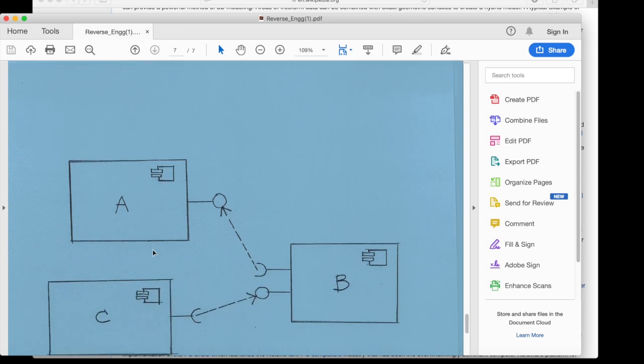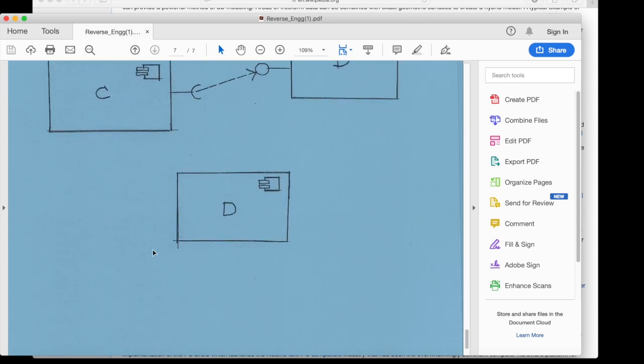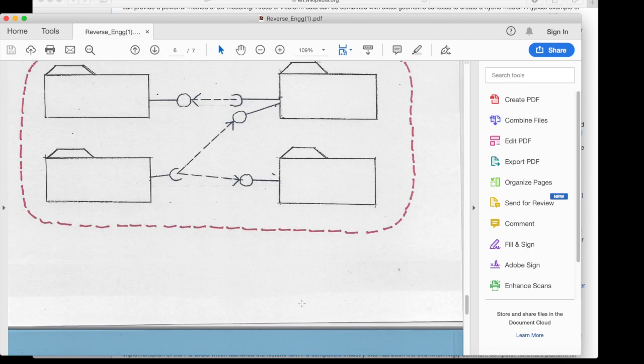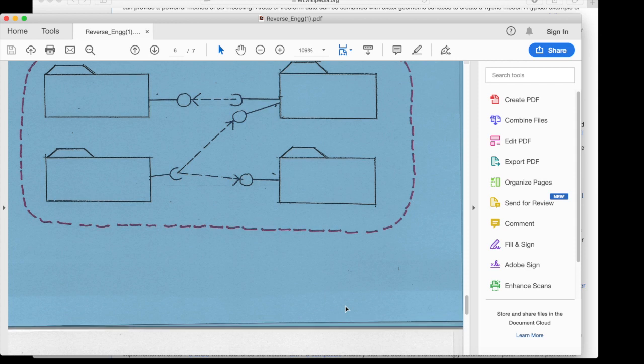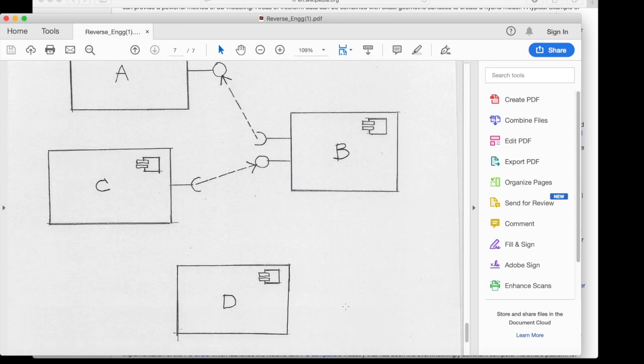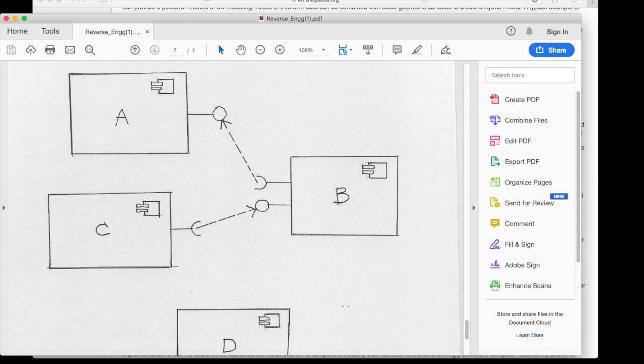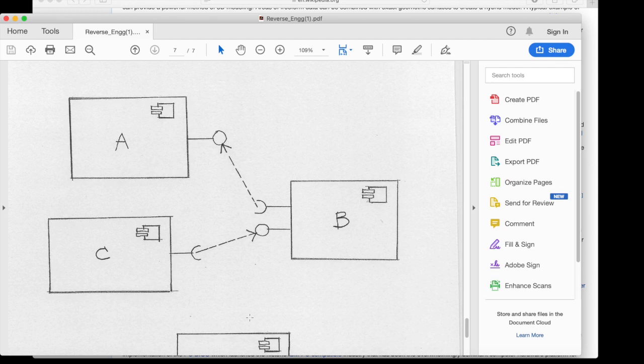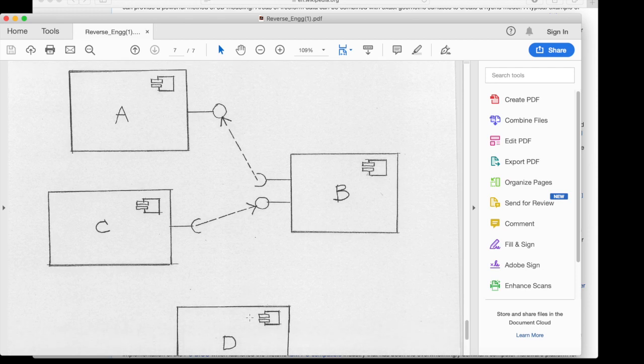And finally, the diagram is completed here below, showing all four components A, B, C, D, with component D not requiring any communication with the other three components, A, B, and C.